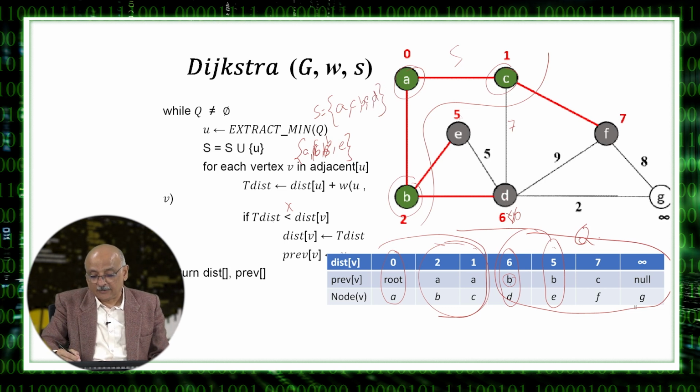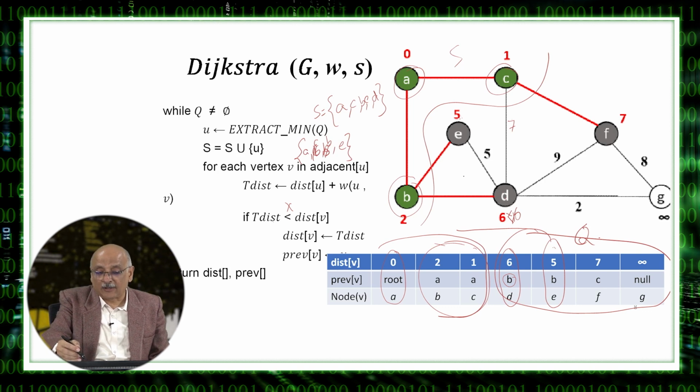B is its predecessor. Now no more changes will be there in the weight or any other predecessor node. So D is now becoming part of S.